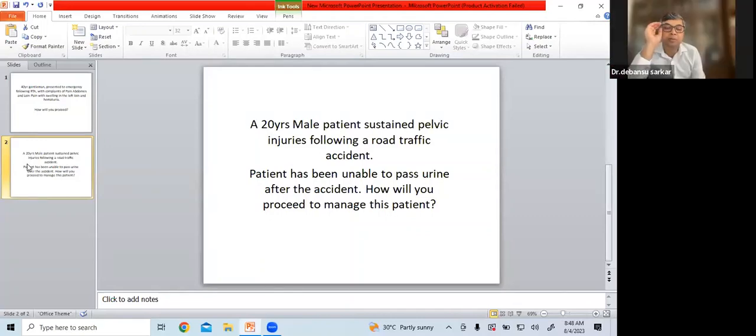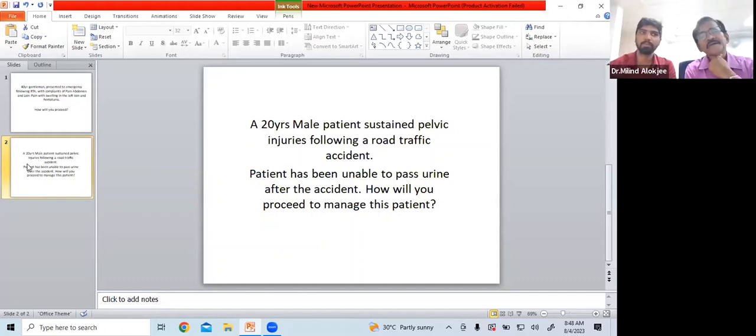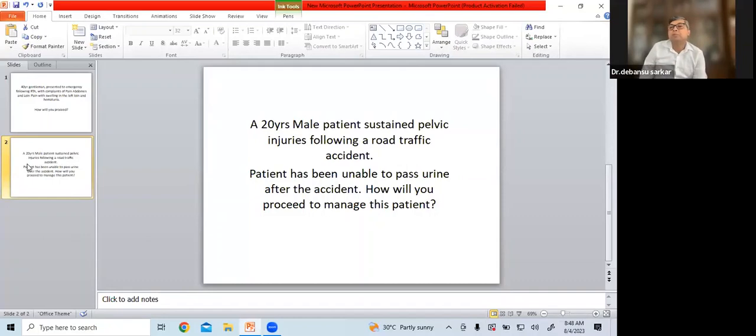So how is this helping you in management? Sir, if there is intact urethra and there is no bladder extravasation, we can try catheterization. And if there is discontinuity, or there is no contrast in the bladder, in that case I'll not try for catheterization, I'll go for suprapubic catheterization. Yes, the idea of doing an emergency RGU is it will help you in managing the patient.